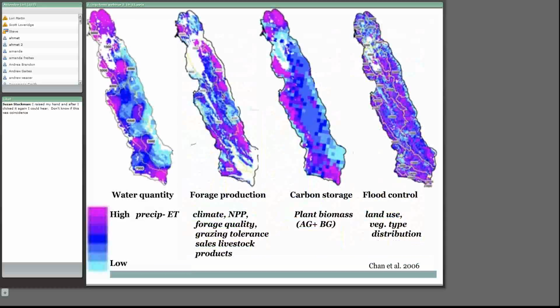If we move to a more ArcGIS type mapping situation, looking at where different services, in this case, or environmental factors or conditions exist across the landscape, we can see that water quantity, forage production, carbon storage, and flood control really vary across landscapes, and often these estimates are based on a coarse scale rather than a fine scale.